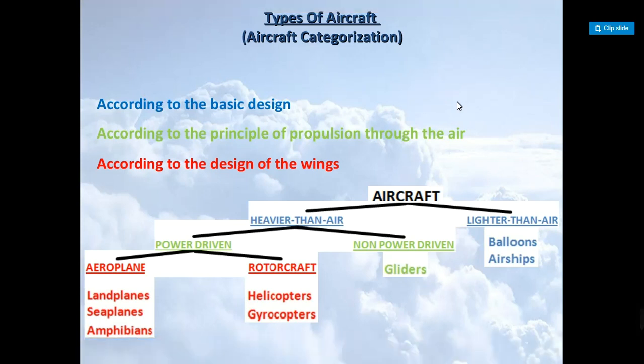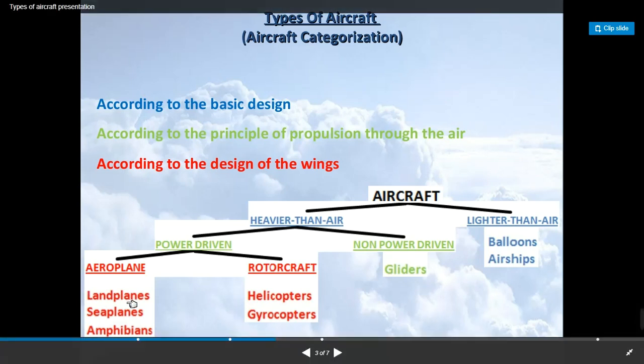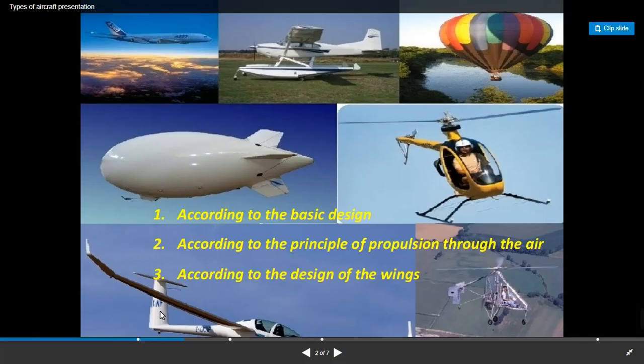Then we have airplane which is what we call the land plane, seaplanes, and amphibians. So kani siya, this is an airplane and then pwede ni siya ma-amphibian. Pwede siya palandingon nimo sa yuta kay naaman siya yung wheels. And then pwede man siya palandingon og tubig because it has floaters.